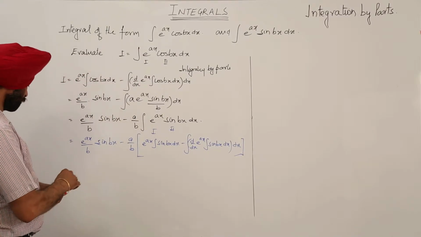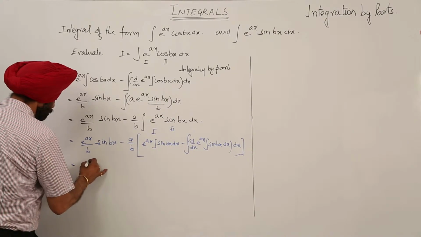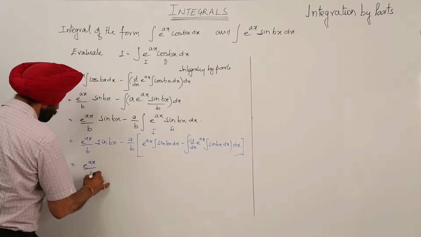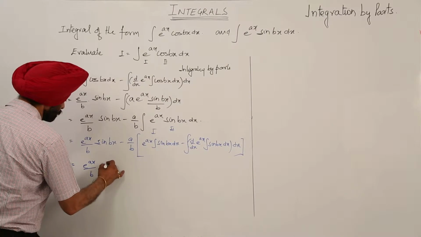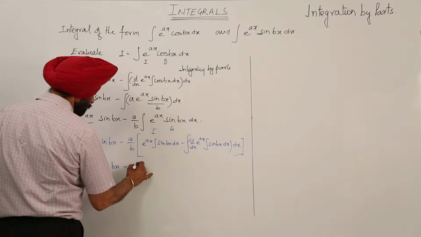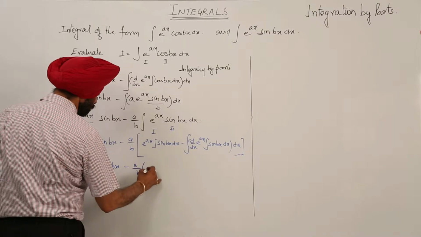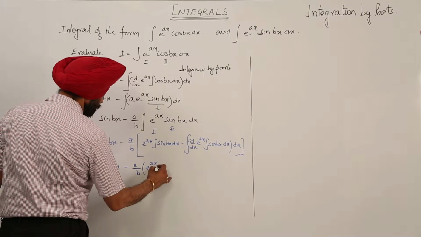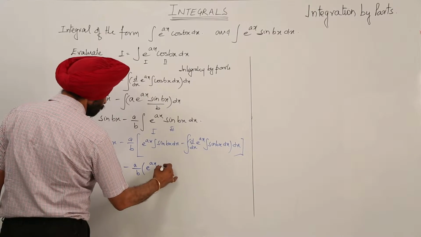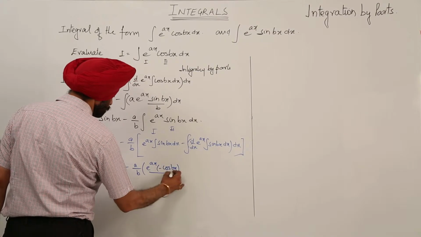Now what we are getting: e raised to power ax upon b sin bx minus a upon b e raised to power ax minus cos bx upon b.